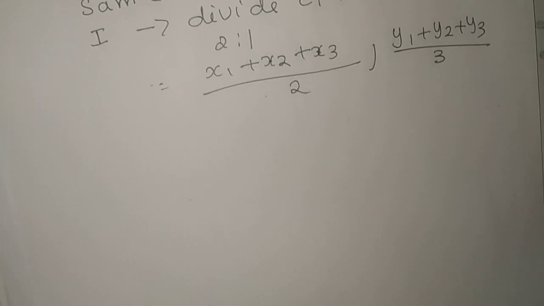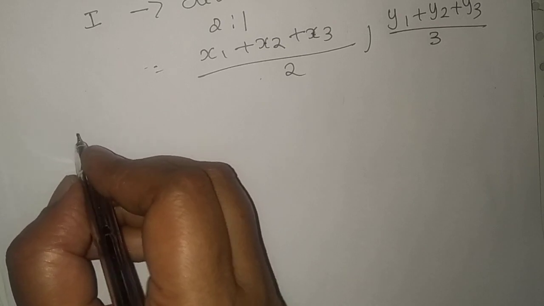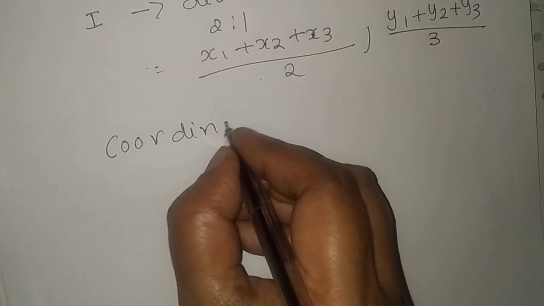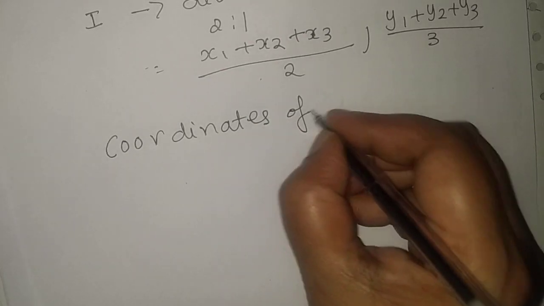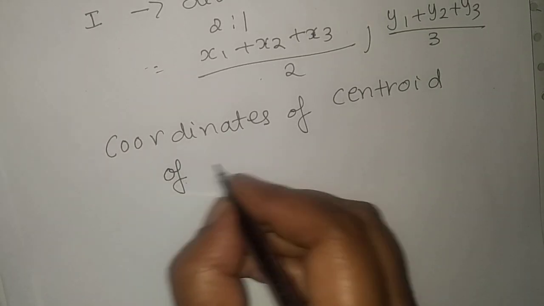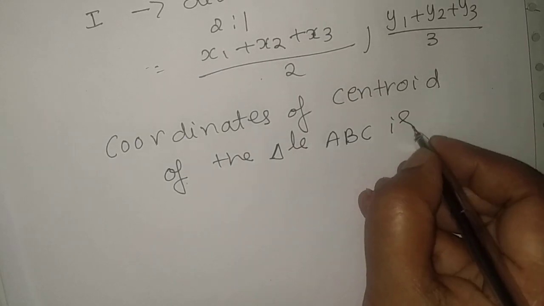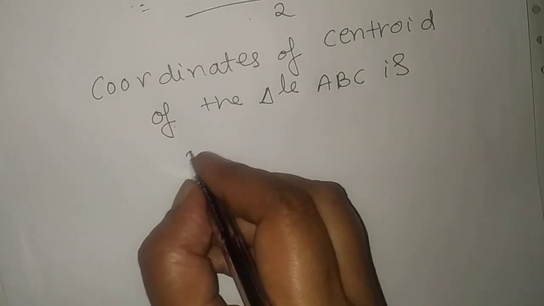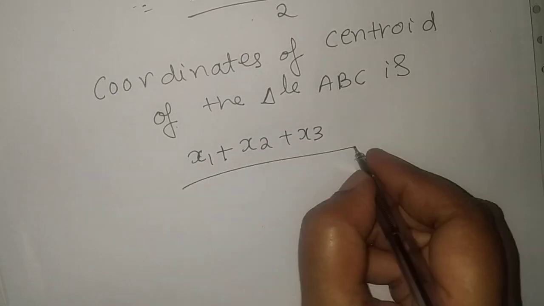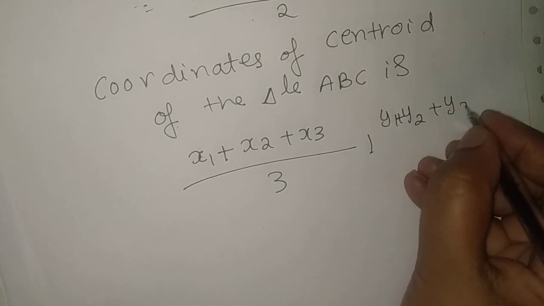So finally, hence we have the conclusion: coordinates of centroid of the triangle ABC is x1 plus x2 plus x3 by 3 and y1 plus y2 plus y3 by 3, in every case.